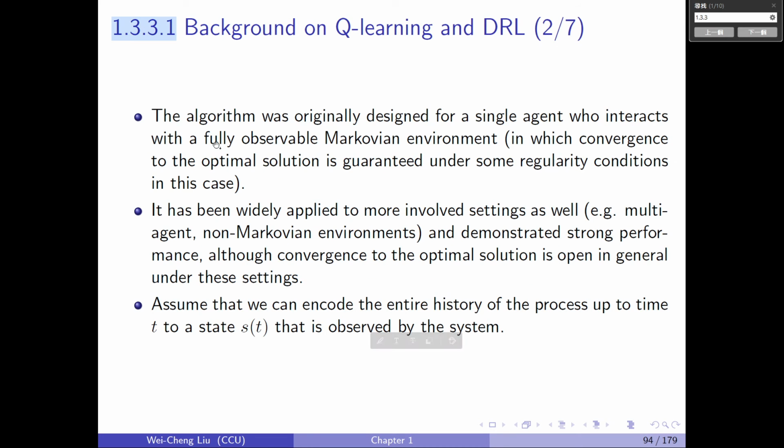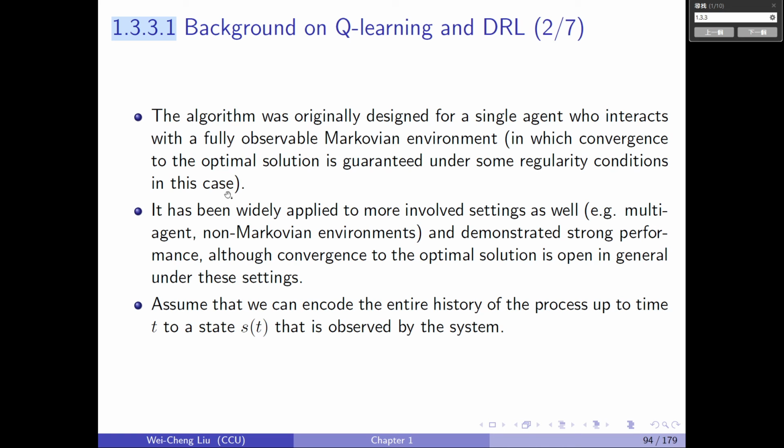The algorithm was originally designed for a single agent who interacts with a fully observable Markovian environment, in which convergence to the optimal solution is guaranteed under some regularity conditions.